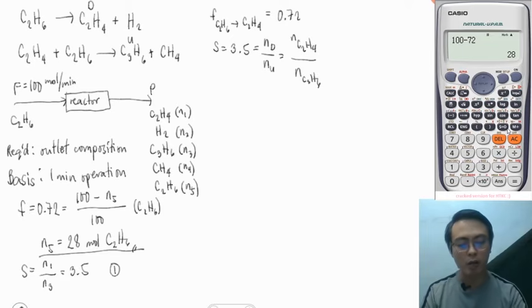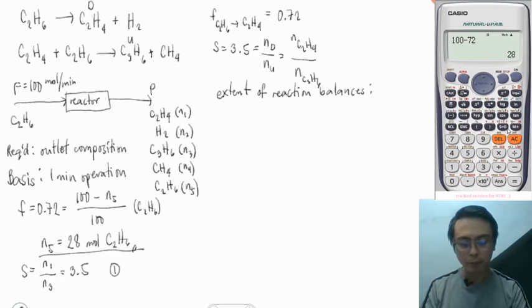Speaking of, let's now perform the extent of reaction balances. What do we have? We will start with C2H6 because that is the component where we already have the value of the input and the output.